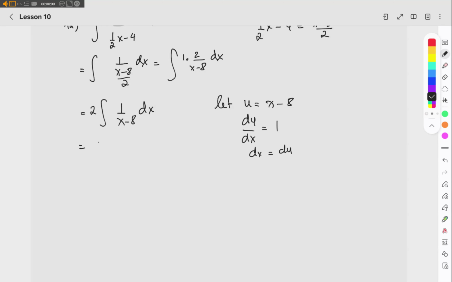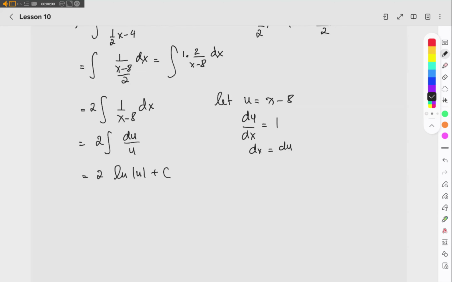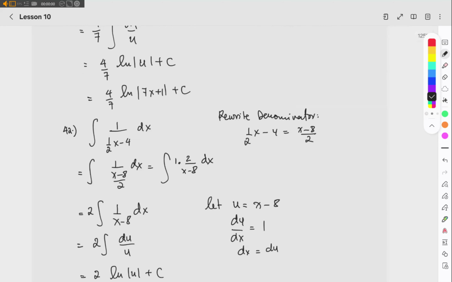So you just replace: 2 times the integral of 1 over u times dx equals du. You can rewrite this as du over u. You know that du over u is simply equal to ln of the absolute value of u plus c. And u is simply x minus 8, plus c. So that is an example.